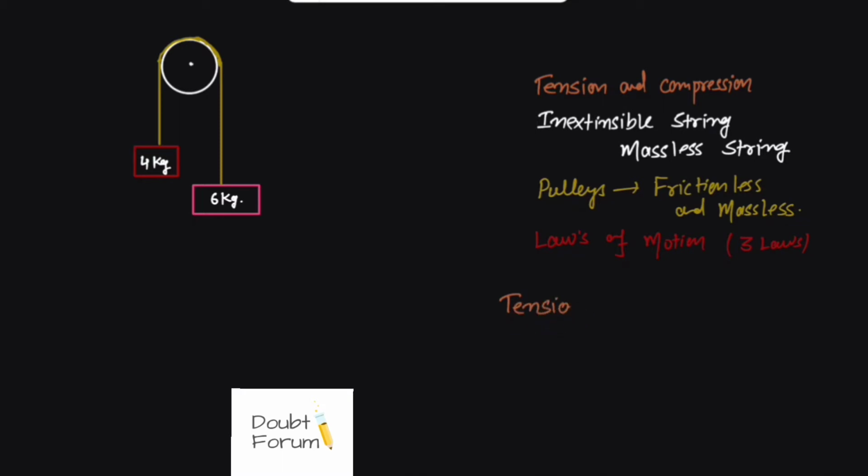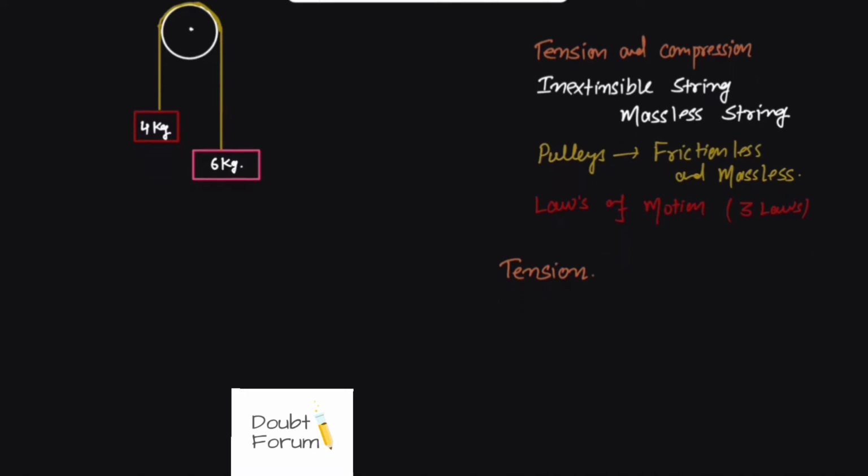What is tension? Tension is a pulling force. When an object is exerted by two forces in opposite directions and away from each other, they create tension inside the material of the body.